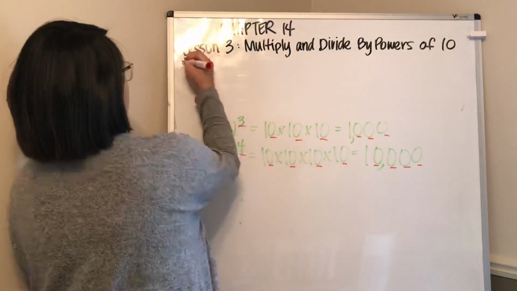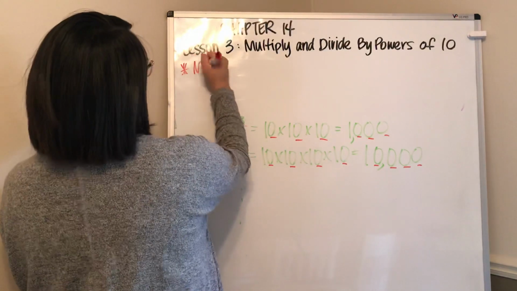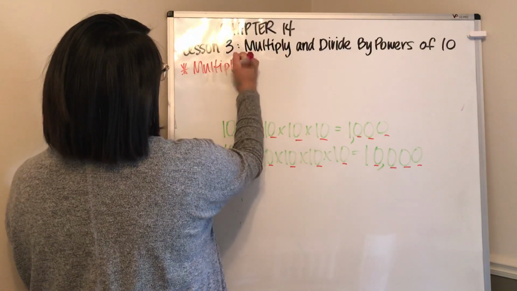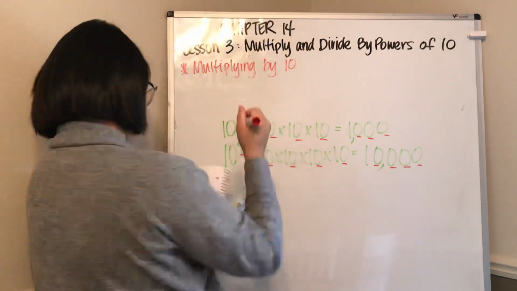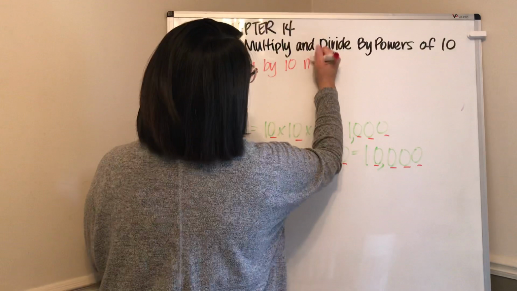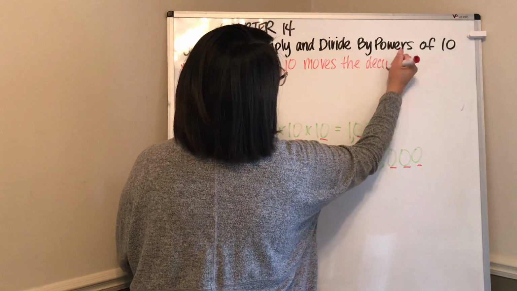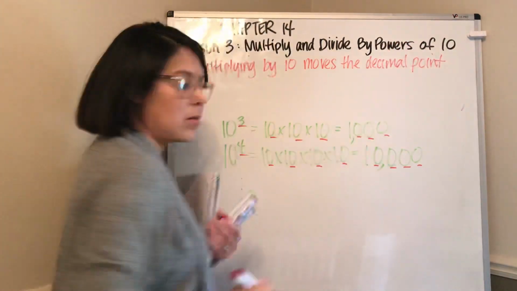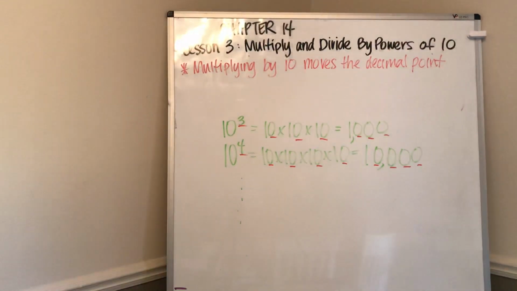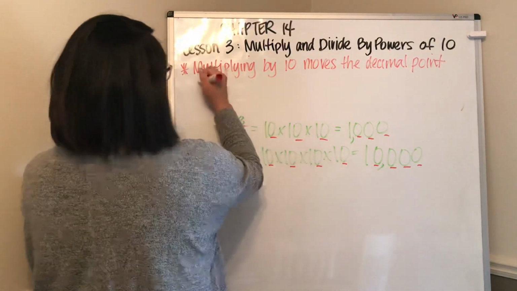So the first star, first important thing to remember: multiplying by 10 moves the decimal point one place to the right.